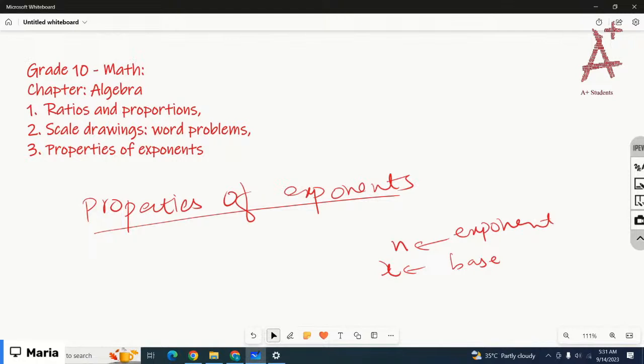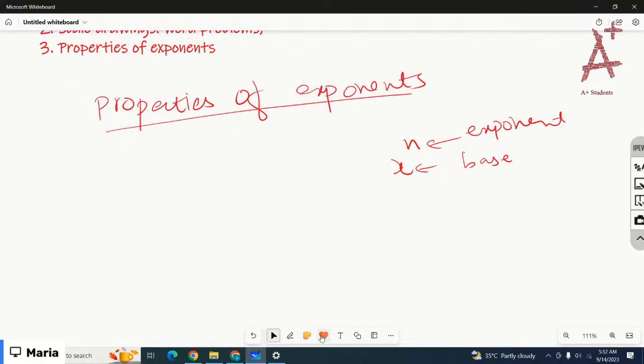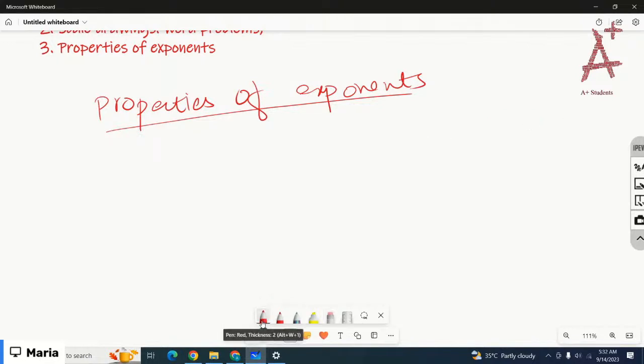Okay, let's discuss some of the properties of exponents. The first one is the product rule.